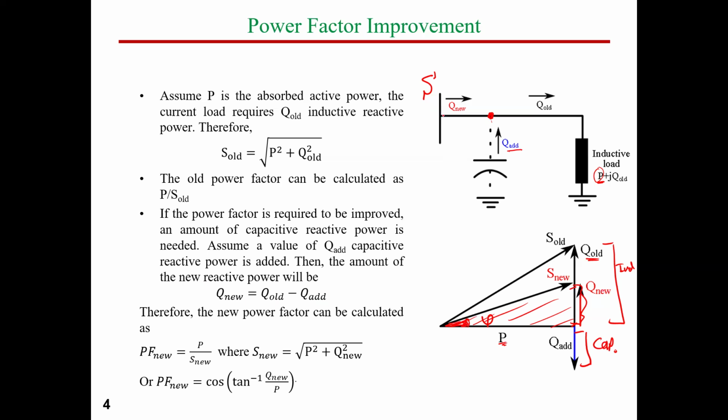And in this case, you would have S equals P. And this means the angle phi equals 0 and the power factor, cosine of 0, equals 1. So this is called unity power factor.